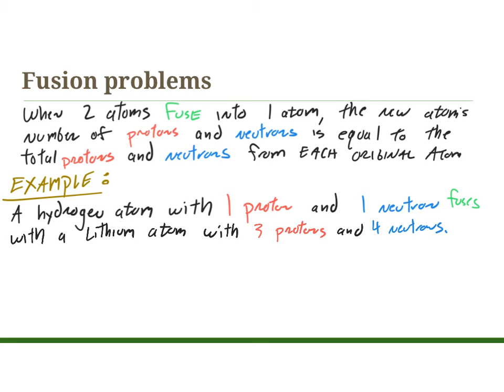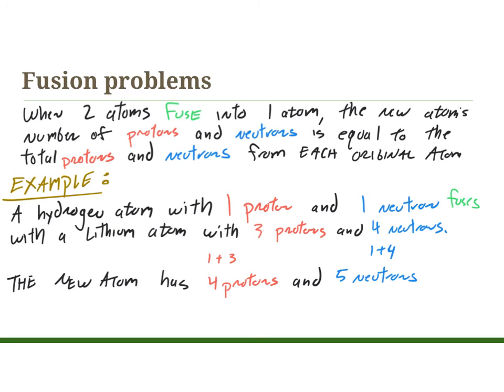The new atom has, well, if the number of protons and neutrons from both of the atoms are equal to the total number of protons and neutrons in the new atom, then I would have, let's see, 1 plus 3, so that would give me 4 protons, and 1 plus 4 would give me 5 neutrons.